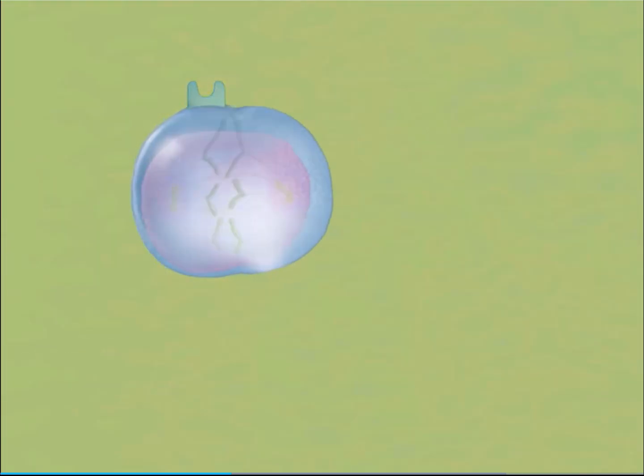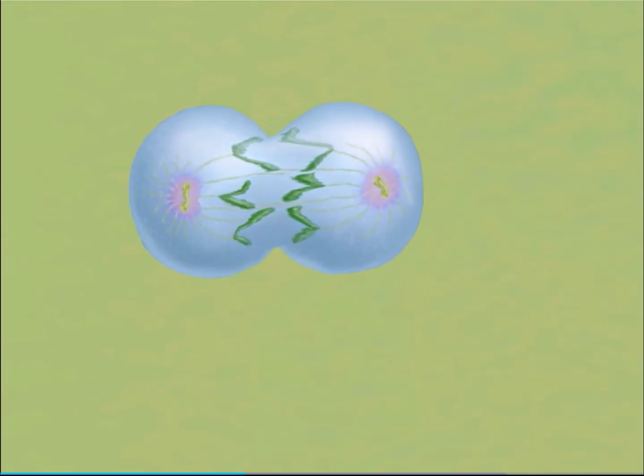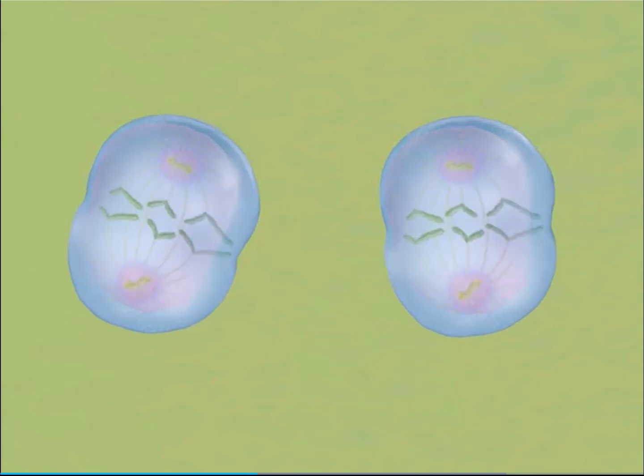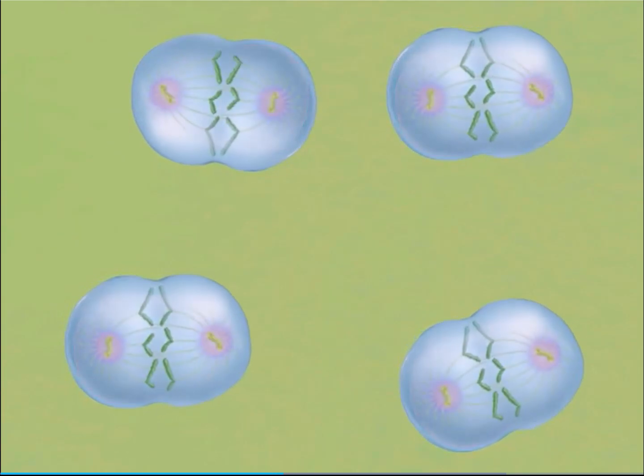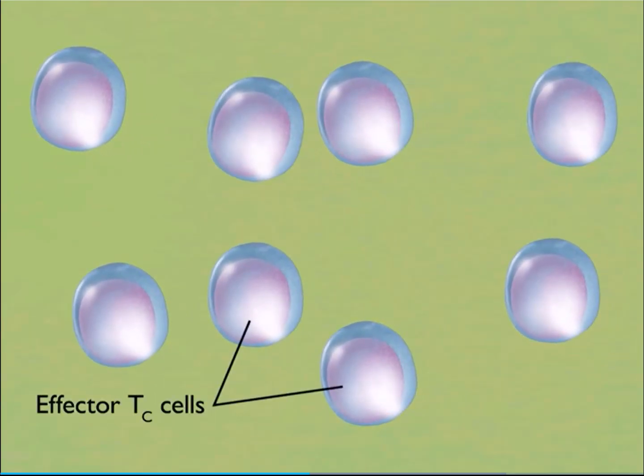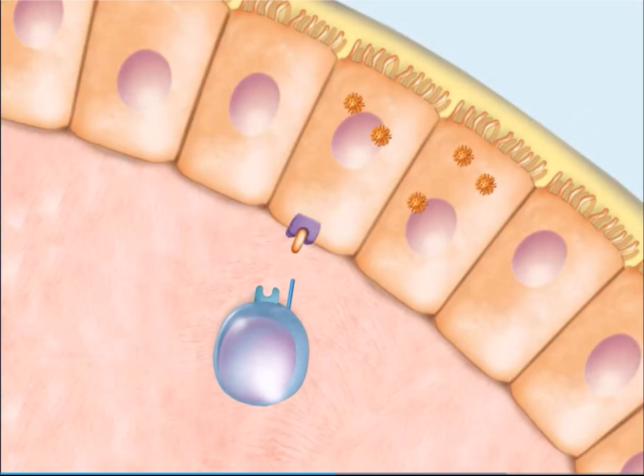As with other lymphocytes, the step that follows clonal selection and activation is proliferation. The activated T cell clone divides and gives rise to many identical effector cytotoxic T cells. Next, the effector cytotoxic T cells do their job of recognizing and destroying the infected host cells.